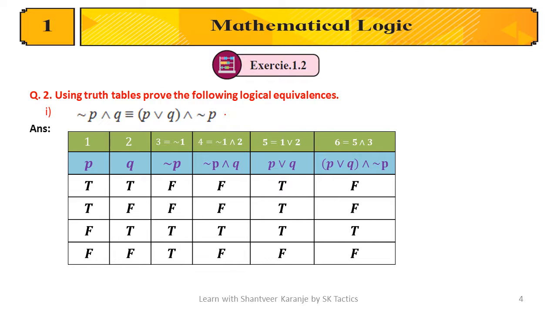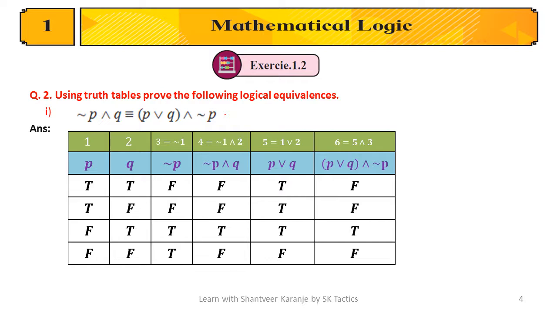Then the fourth column is negation of P and Q, which is completely the left hand side, and wherever TT is there, the answer is T, else F. So for negation of P and Q, columns 2 and 3 have TT at the third row.